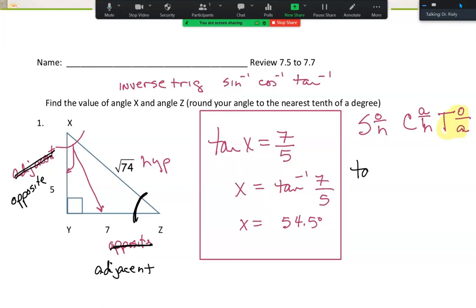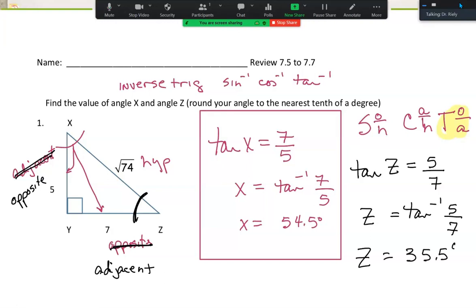I'm going to do the tan because I did opposite over adjacent again. So the tan of angle Z equals its opposite, which is 5, over its adjacent, which is 7. To get Z itself, I'm going to have to use my inverse trig, and the function I'm doing is tan. So that means angle Z itself ends up being 35.5 degrees.